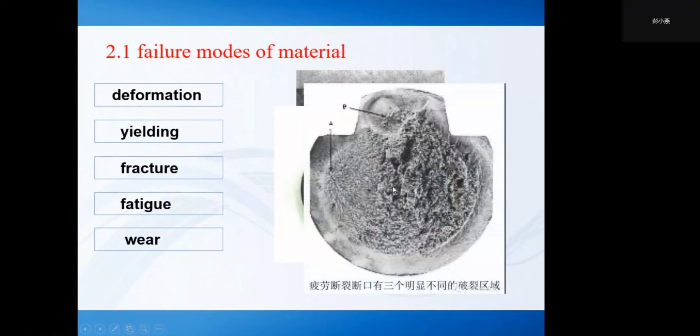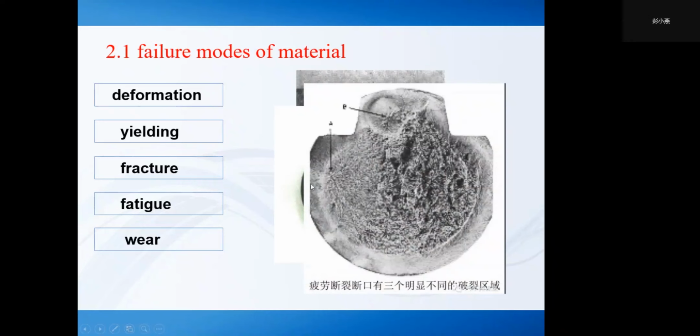And this is a picture of fatigue. Fatigue fracture is a sudden failure taking place due to the initiation and propagation of a microcrack under fluctuating loads over a period of time.